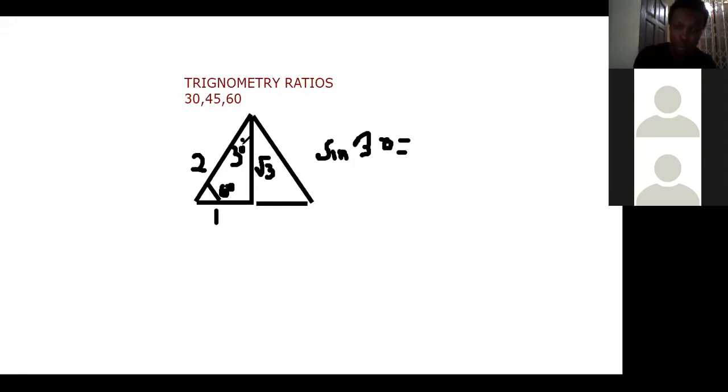If this angle is the angle under consideration, the opposite of this angle is this side, and the adjacent is this, because this is near to the angle we are talking about per the definition I gave you. Then always this side will be your hypotenuse. So if you consider this angle, sine 30 will be equal to the opposite all over hypotenuse. Do you get it now?